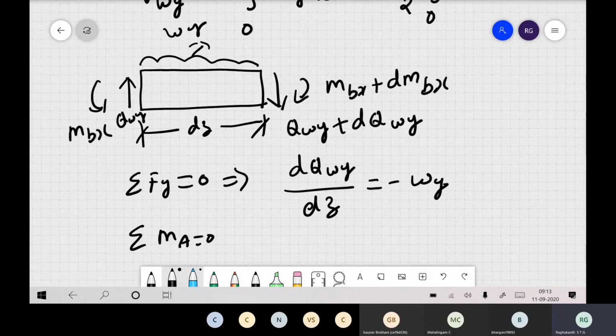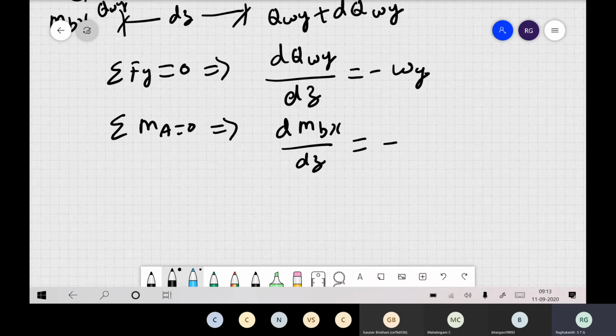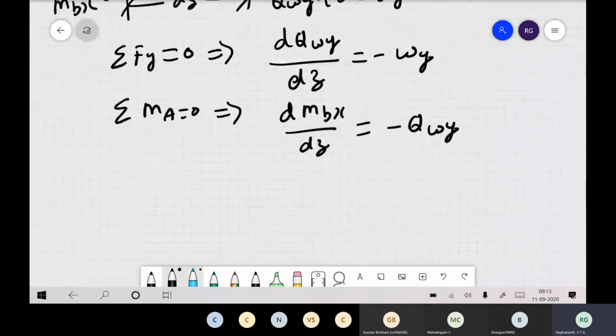If you take this side as A and this side as B, you will get the bending moment, shear force relation: dMbx by dz is the same as the shear force. This is the same as what you have done previously: the derivative of shear force is the distributed load, and the derivative of bending moment is the shear force itself. So you make use of all these things, and then you can substitute in these expressions.